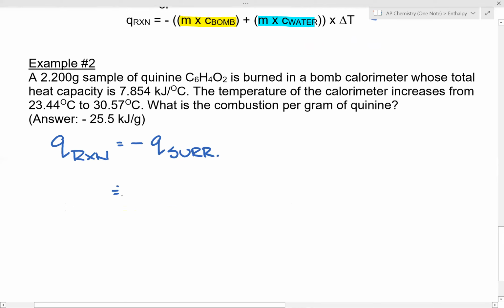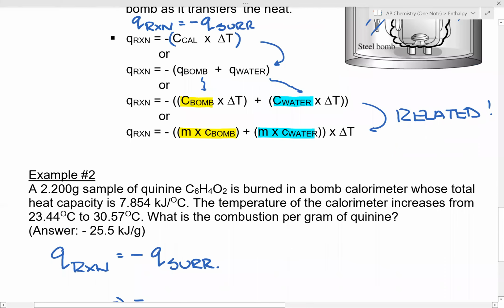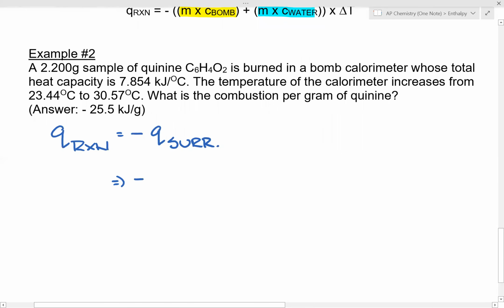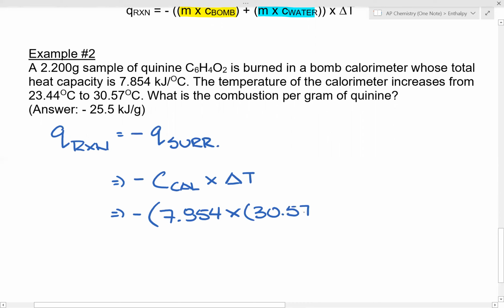Now, in this case, remember the Q surroundings, if we look at the top, is equal to the C of the calorimeter times delta T. So in this case, it's negative 7.854 times delta T, which is 30.57 minus 23.44.